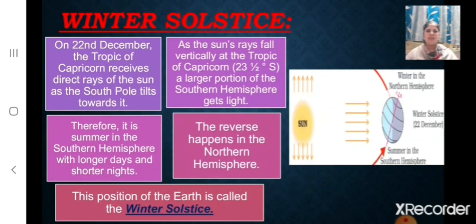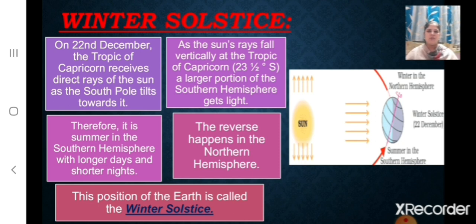Now let us revise the winter solstice. Children, on 22nd December, the Tropic of Capricorn receives direct rays of the sun as the South Pole is tilted towards it, and the sun's rays fall vertically at the Tropic of Capricorn, that is at 23.5 degrees south.